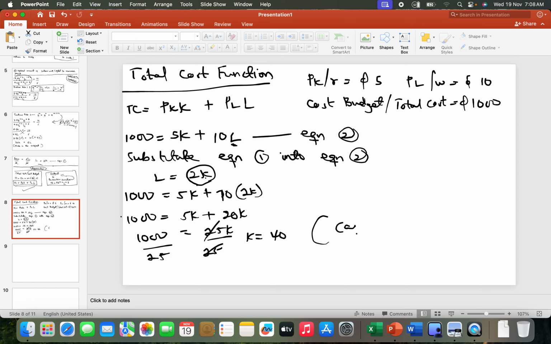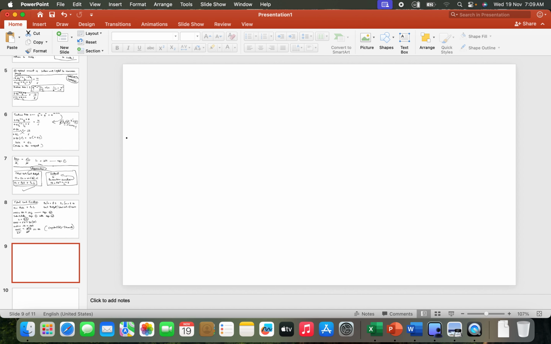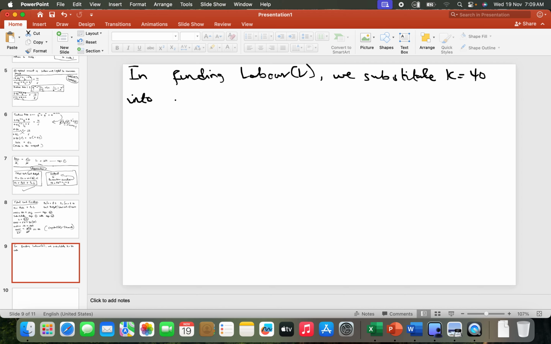Therefore, we have capital, which is k, and the question has 40 units. So now we need to find labor. In finding labor, which is L, we substitute K, which is 40, into equation 1. Why equation 1? Because equation 1 was made the subject for labor.